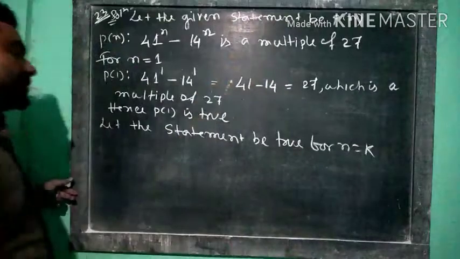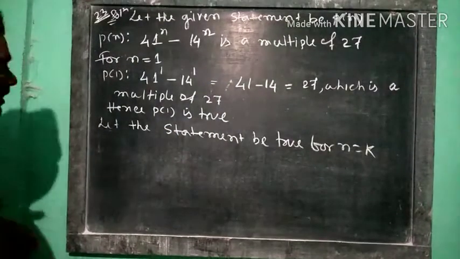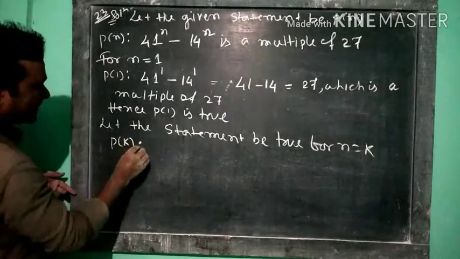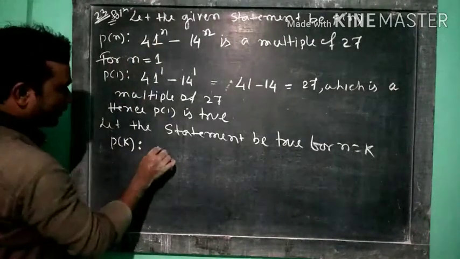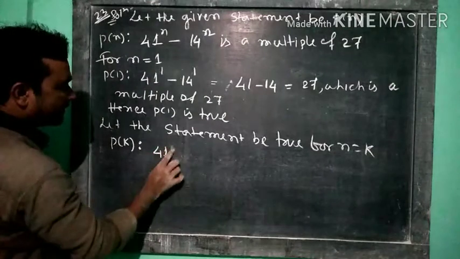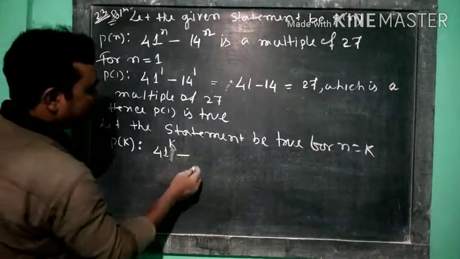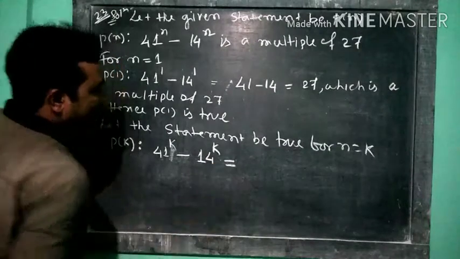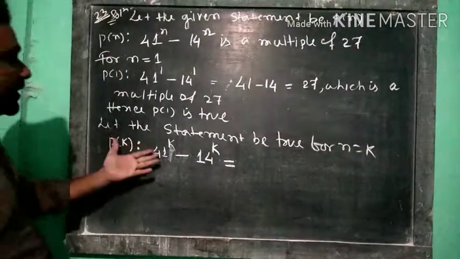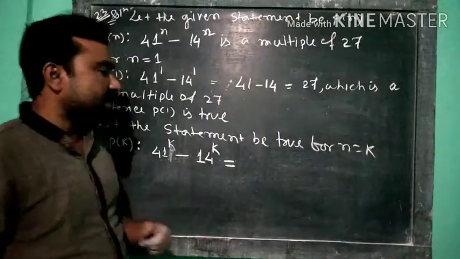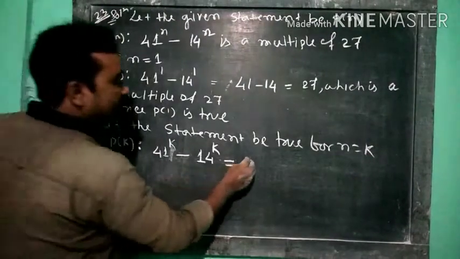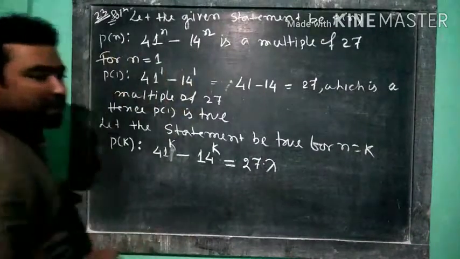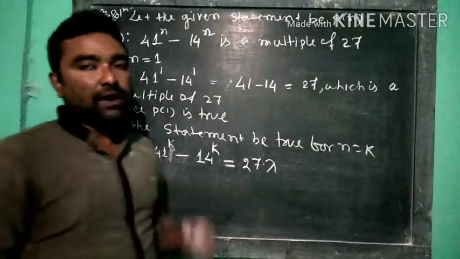Then P of k such that 41 to the power k minus 14 to the power k is equal to, since it is a multiple of 27, 27 into something constant, which is lambda.